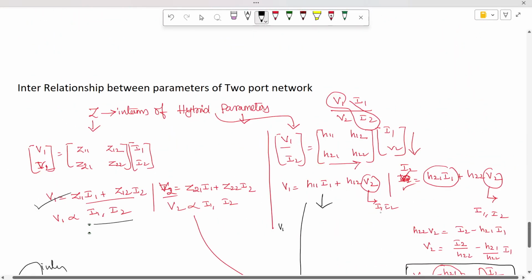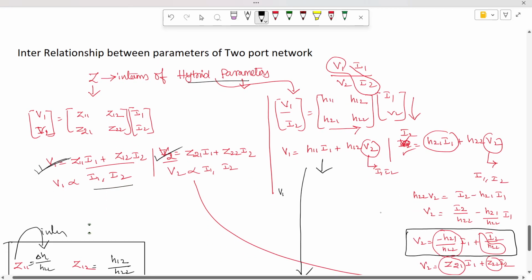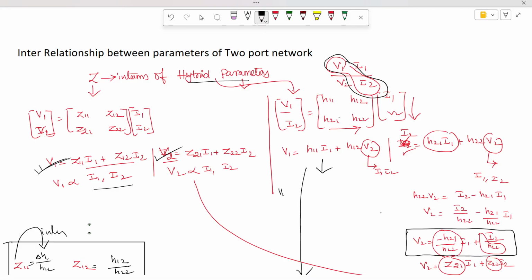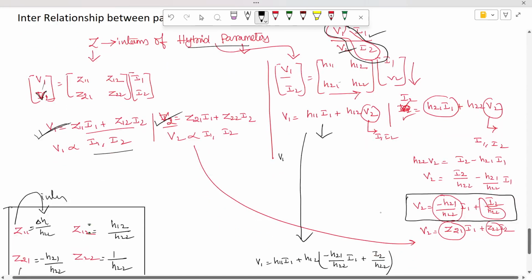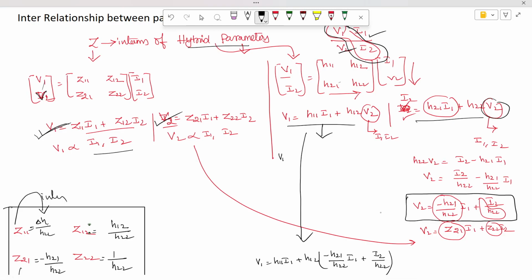Very simple. Just write down the Z equation and write down the H equations. This format you have to remember. Sometimes you may get confused, no worry. V1, I2 have to be expressed in terms of I1, V2, and V1, V2 have to be expressed in terms of I1, I2. First I wrote these two equations, and here I identified the equation which links V2 and should express it in terms of I1 and I2.